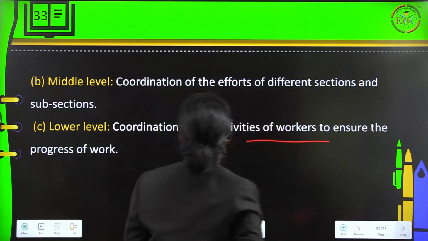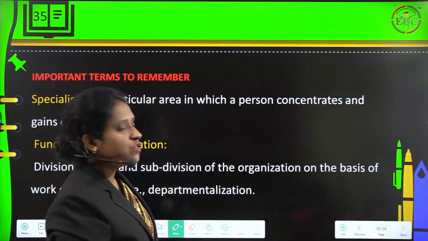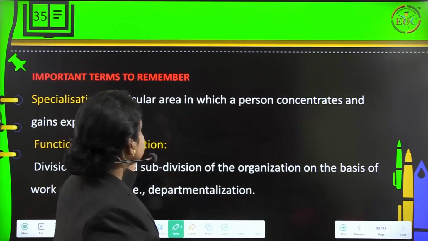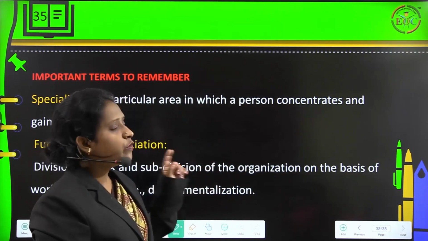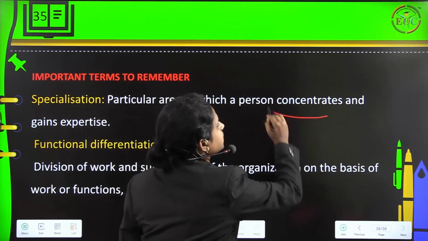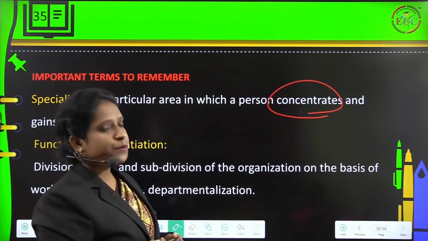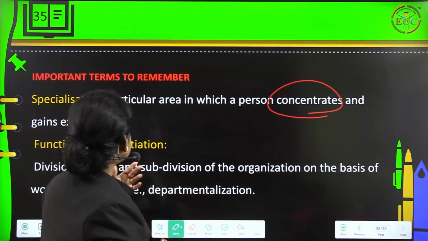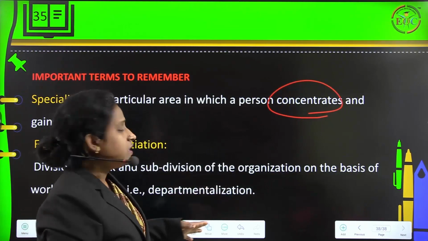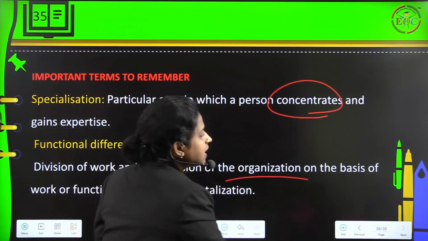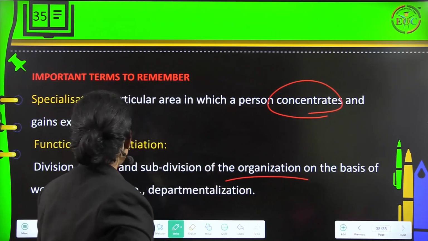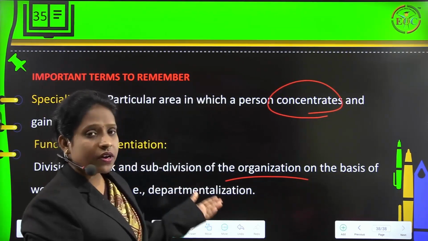Fine. Then the important terms to remember here: the first is specialization, a particular area in which a person concentrates and gains expertise. Fine. And the next is functional differentiation. Under this, you can understand division of work and subdivision of the organization on the basis of work or function.